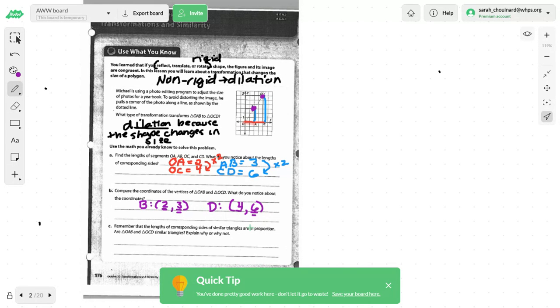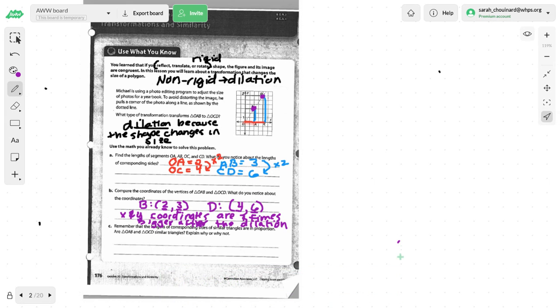The y coordinate went from 3 to 6. So what I'm noticing is the x and the y coordinates are 2 times bigger after the dilation. So after we dilate the shape, both coordinates got twice as big.